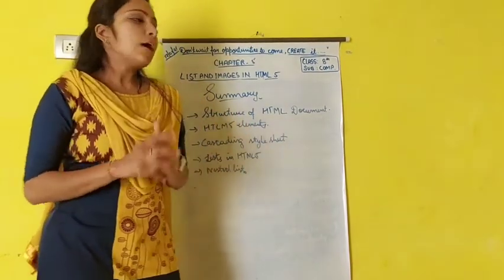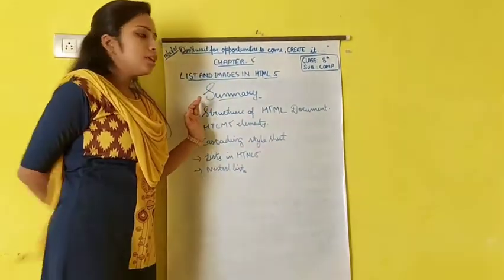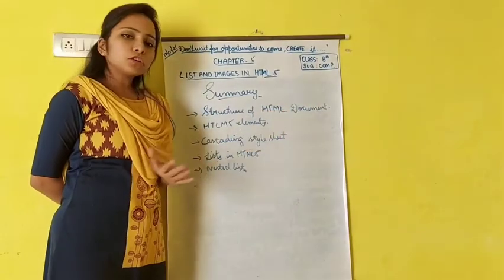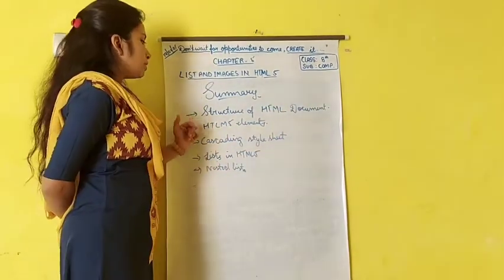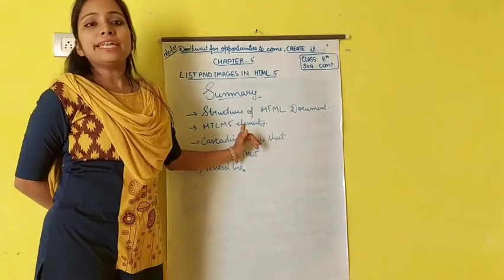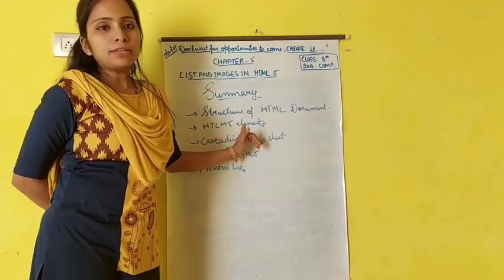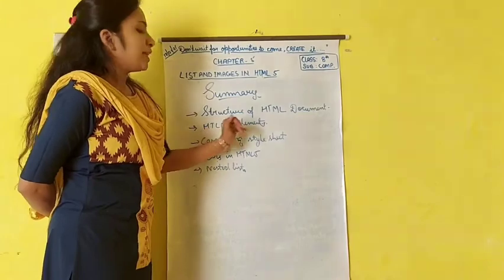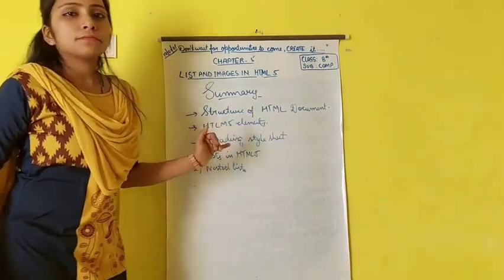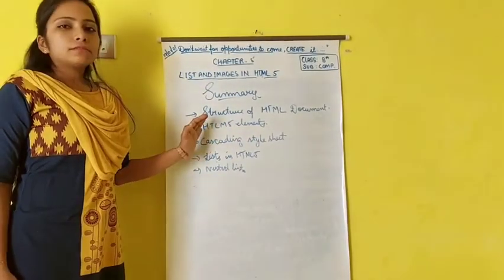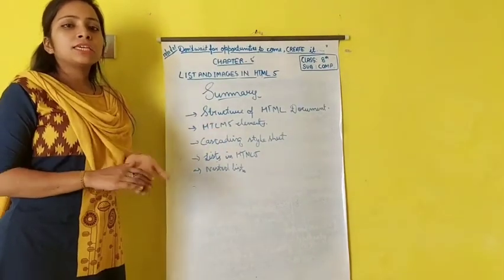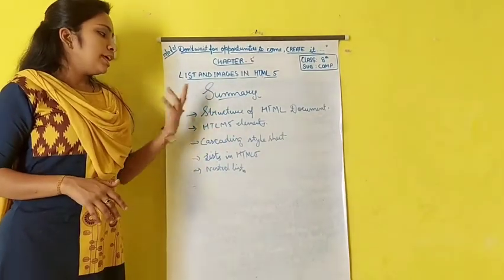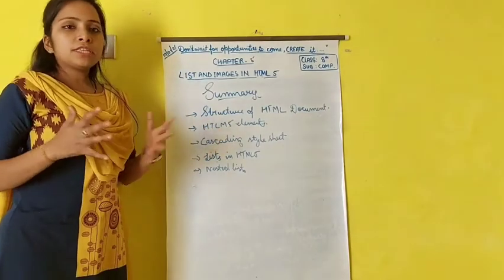So, in this chapter, we studied firstly about the structure of HTML document, which consisted of head section and body section. Then we studied about the different elements. Have you studied? Yes, we studied different HTML elements. We studied about HTML line spacing, then body, head, all these elements, whatever elements are present.